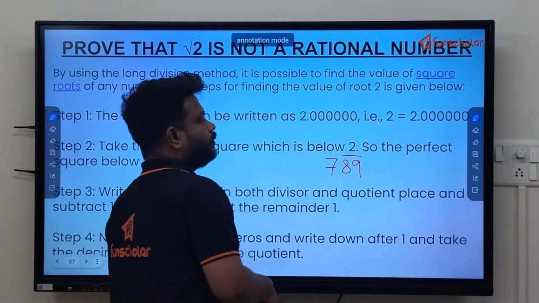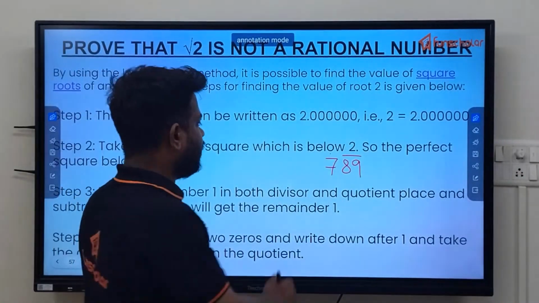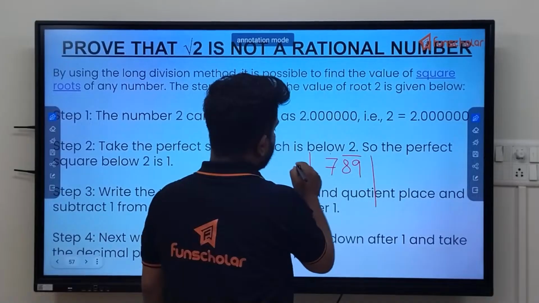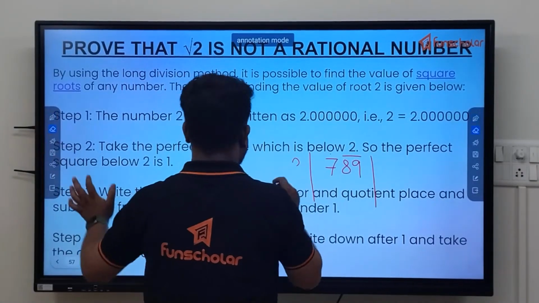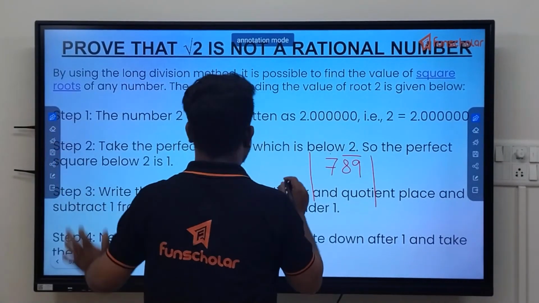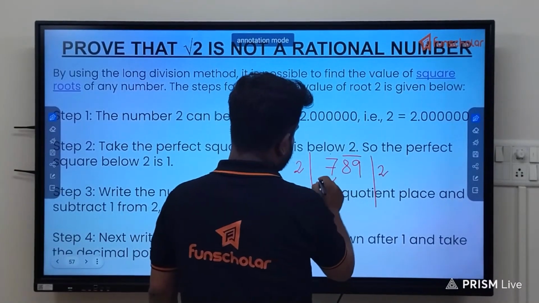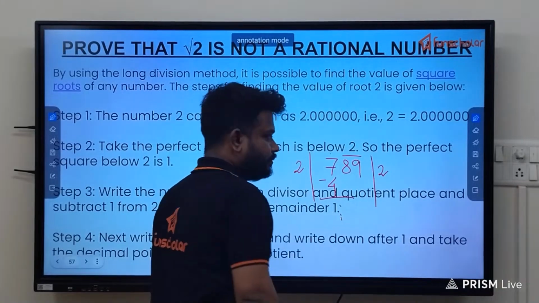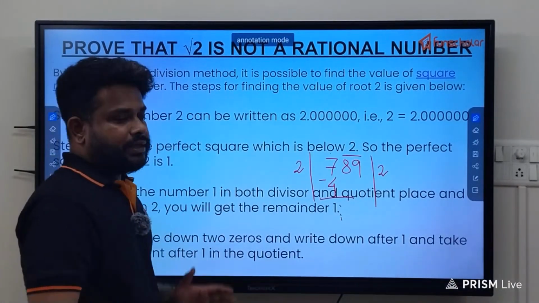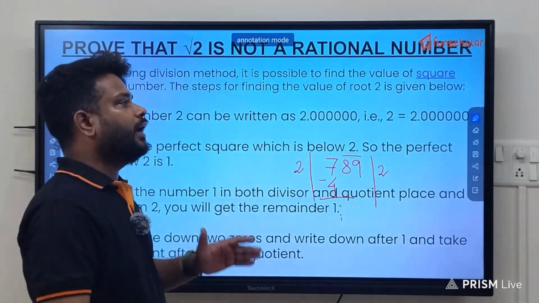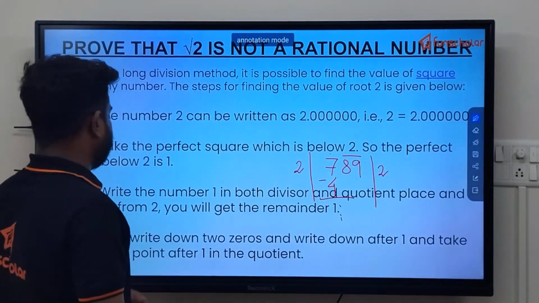We just have to pair the digits up and write it like this, then use the nearest root number to find its values. This process is called the division method to find the root of any number.